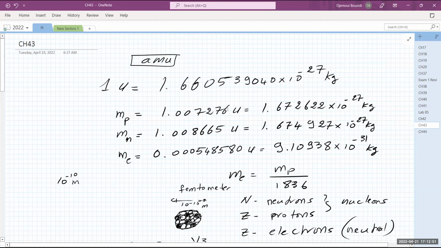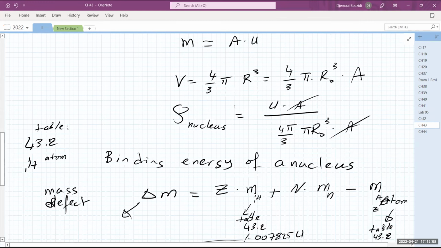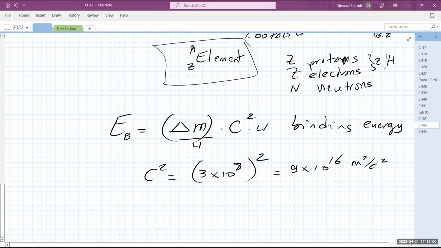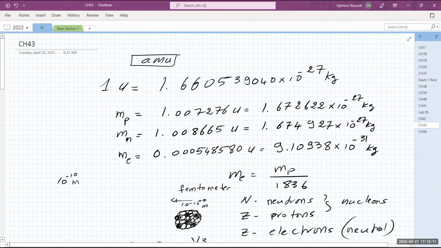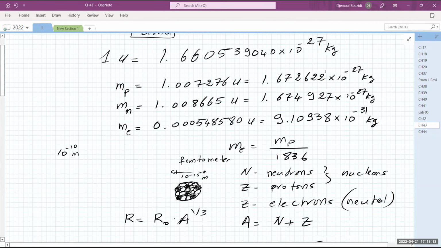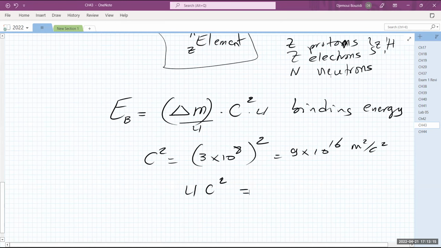So if I ask you what is the mass of a proton, you're going to take it 1.00727676 u, but you don't substitute the value of u because we're going to find this expression in terms of u. In other words, what is the unit energy in this case when I take u? So u is again that number in there, which is a big number, 1.66053940 times 10 to the negative 27 times c squared.